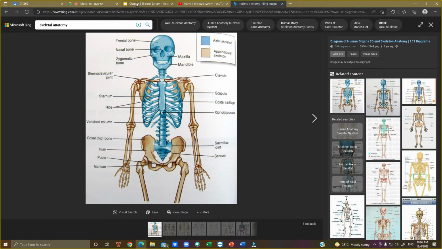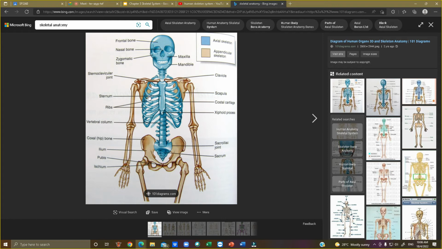Alright, the first group of the skeletal system is known as the axial skeleton, or the base. It consists of the skull, the vertebrae, the sternum, the ribs, and finally your sacrum and coccyx.